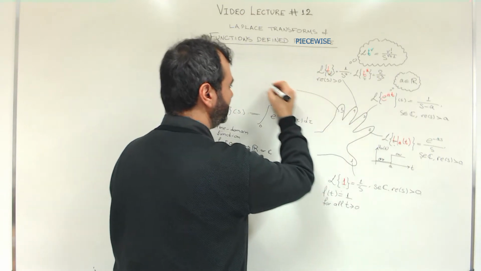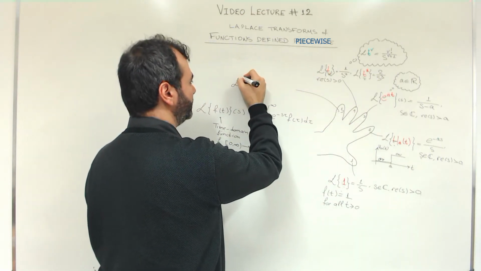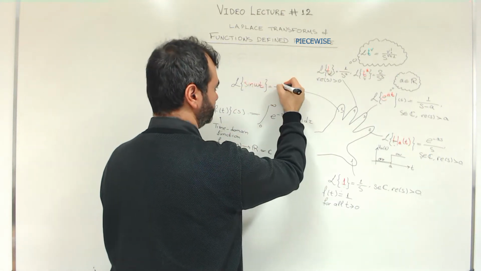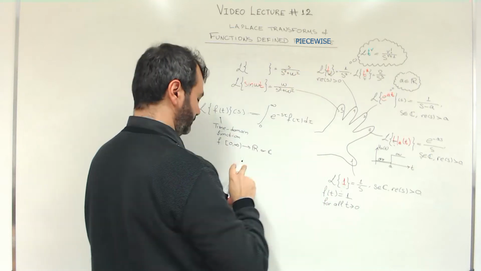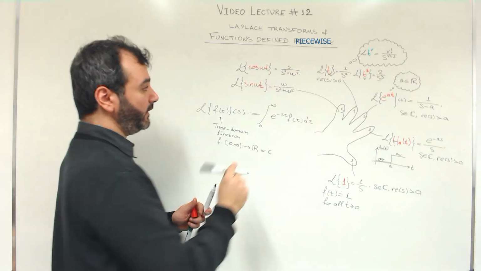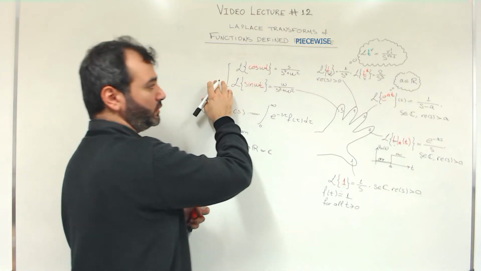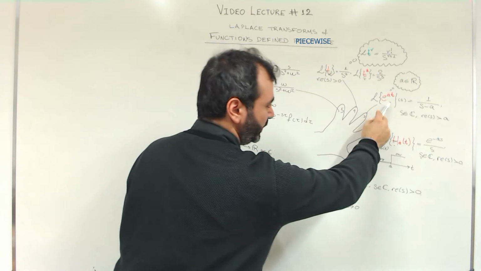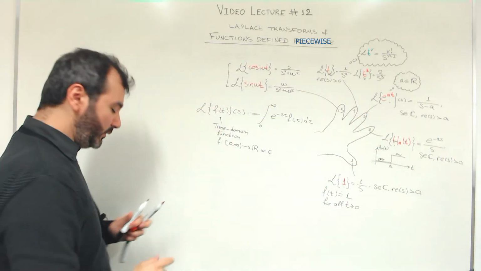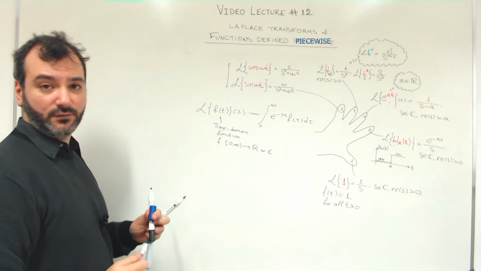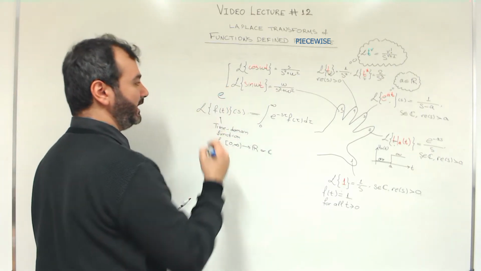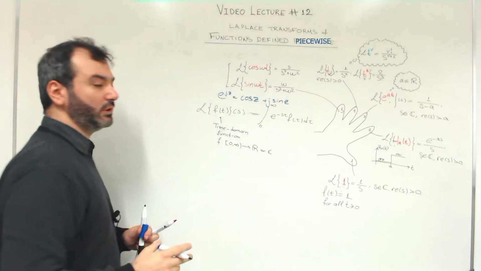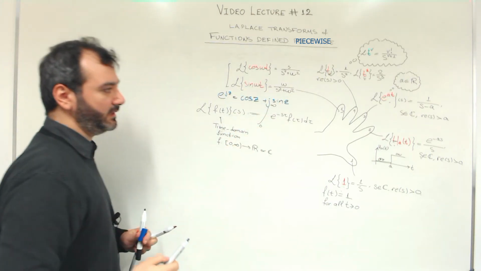And last but not least, we determined the Laplace transform of sine and cosine. We used the exponential to prove these two formulas, using the extremely useful identity that exponential of jz is equal to cosine of z plus j times sine of z.